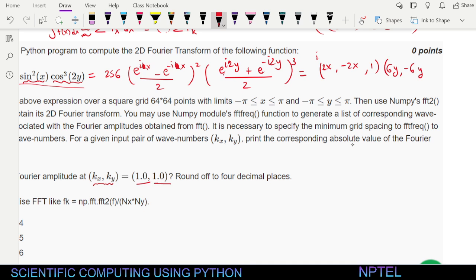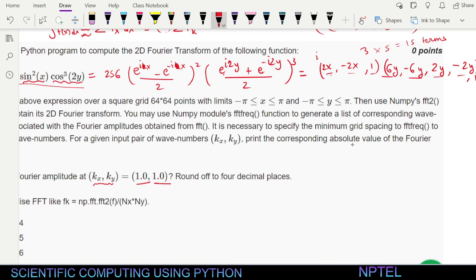So 2 times 2, 4, minus 2, which is 2y, and minus 2y, right? And then you have every possible combination of this, and there is order of 1 as well. So 3 and 5, 3 into 5, total 15 terms, right?